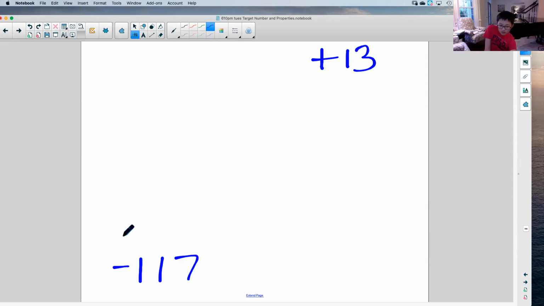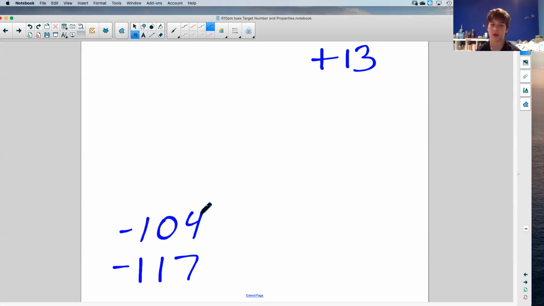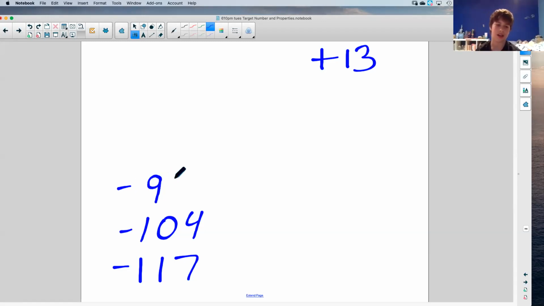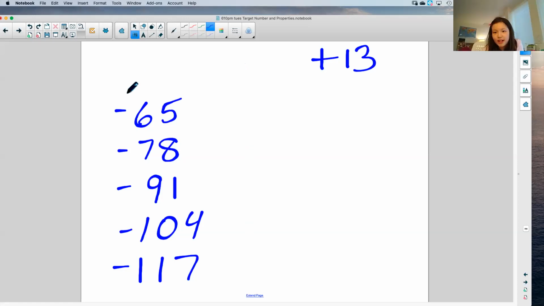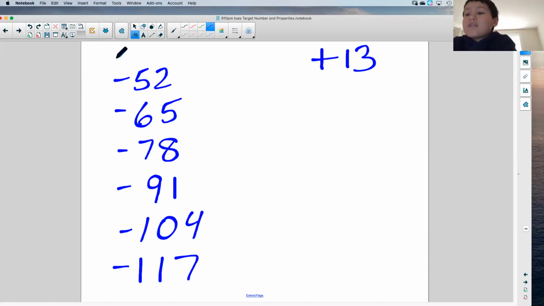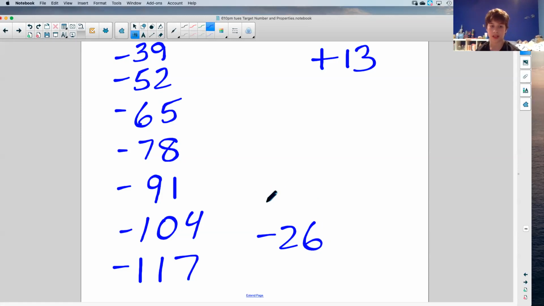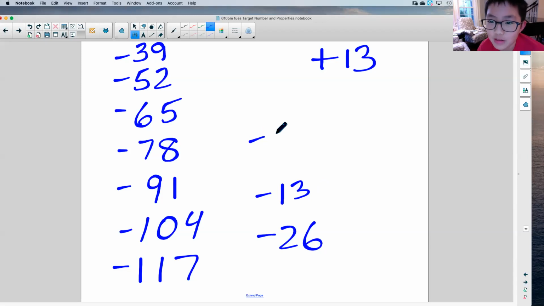Negative 107... negative 104... negative 91... negative 78... negative 68... negative 42... negative 39... negative 29... negative 26... negative 13... I'm trying to go faster.